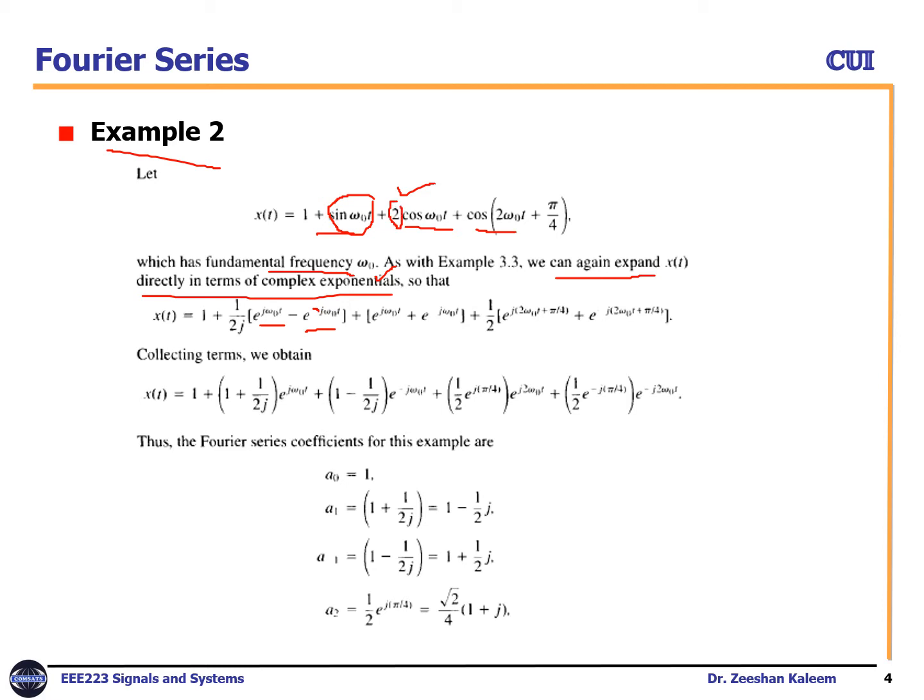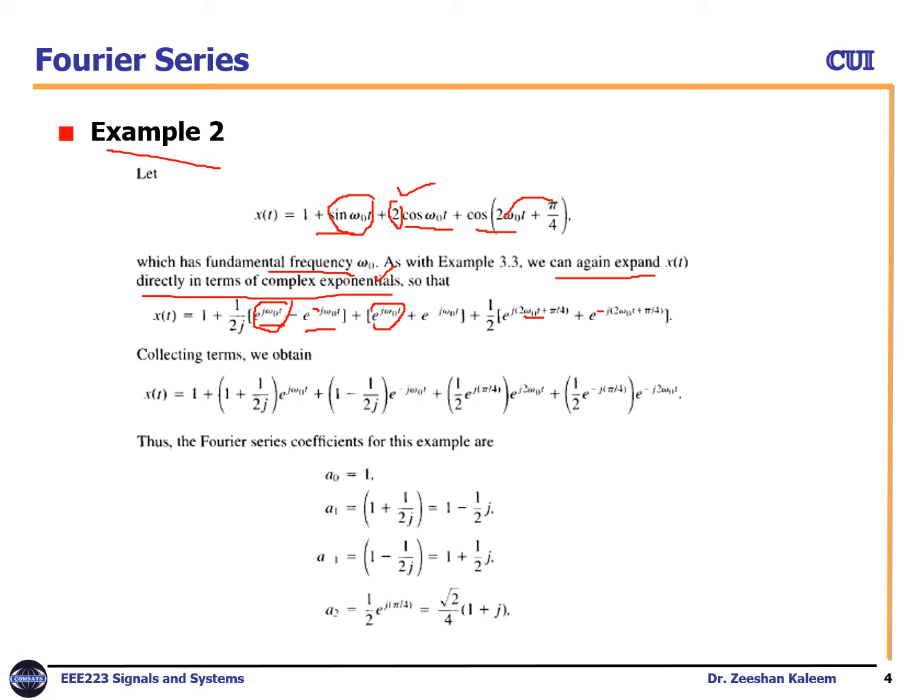Similarly, for cos(2 omega naught t plus pi by 4), we have 1 by 2 e^(j(2 omega naught t plus pi by 4)) plus e^(minus j(2 omega naught t plus pi by 4)). Now we are collecting these terms, gathering the e^(j omega naught t) terms together. So we can write that one is independent.